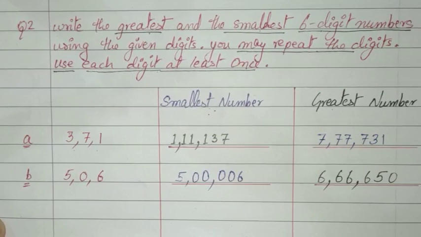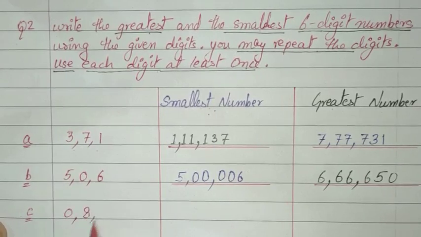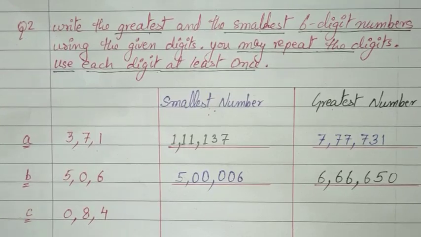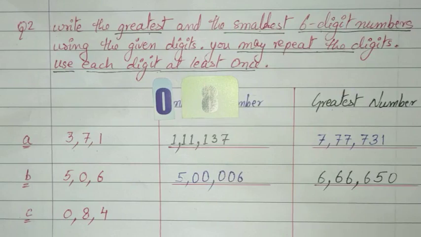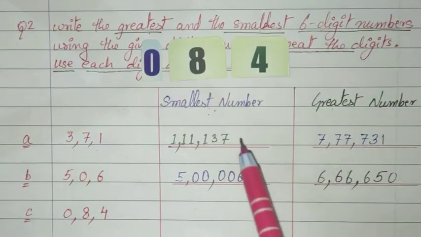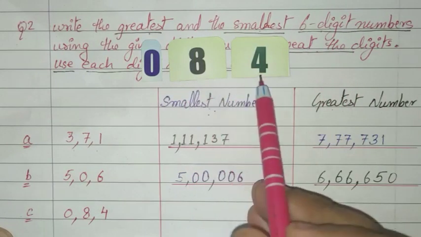Now the question number C is 0, 8, 4. So the given digits are 0, 8, and 4. Now you have to form smallest number, 6-digit smallest number from the given digits.